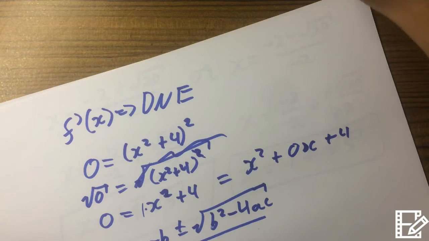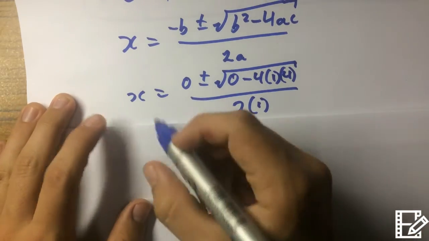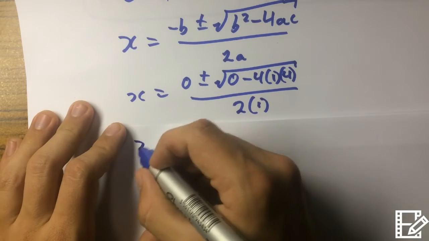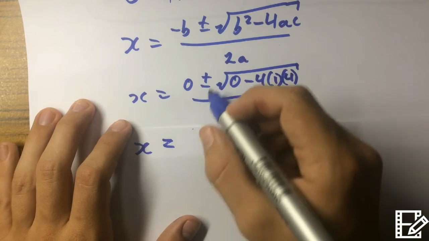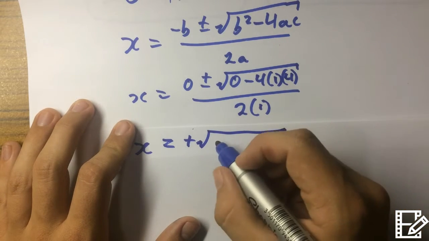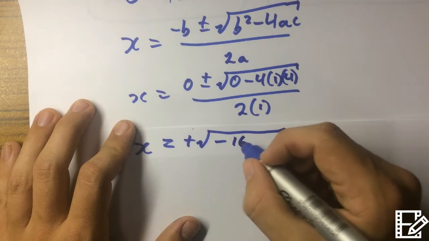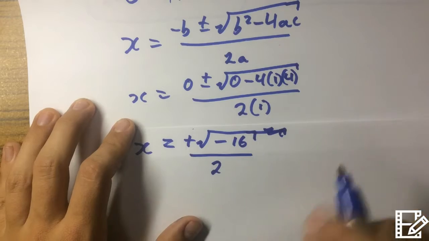And just like before, we're going to have to solve it as such. So x equals, we're going to do the positive one now, so it's just going to be plus, or you don't have to write the plus, but you can, so it's going to be the square root of negative 16 on 2.